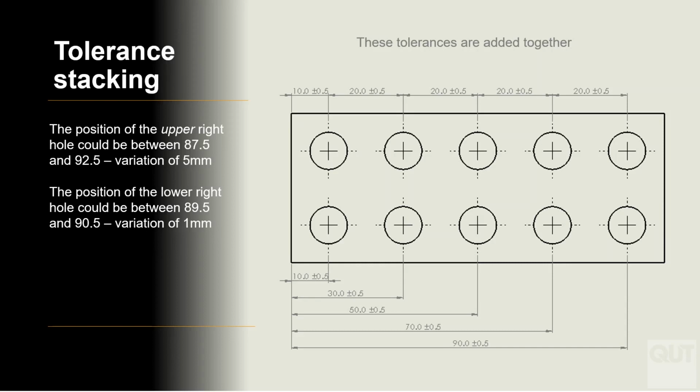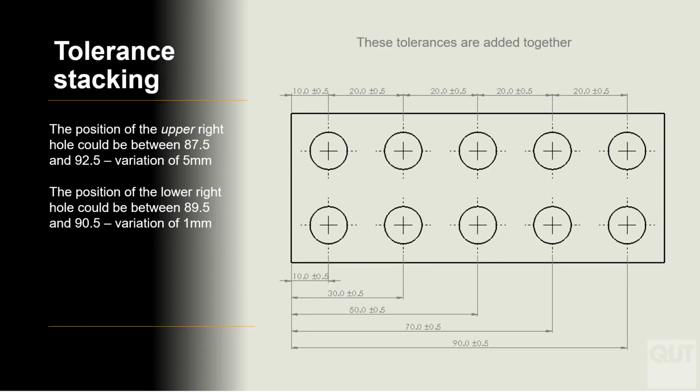So all the dimensions on this sheet are plus or minus 0.5 millimeter tolerance. The ones on the bottom, though, are all toleranced from the same datum, which means that this is a far more accurate way of creating a tolerance, because all the holes in the upper side might be on the maximum tolerance, which would mean that the hole on the right hand side might end up being 92.5 millimeters away from the left hand edge.